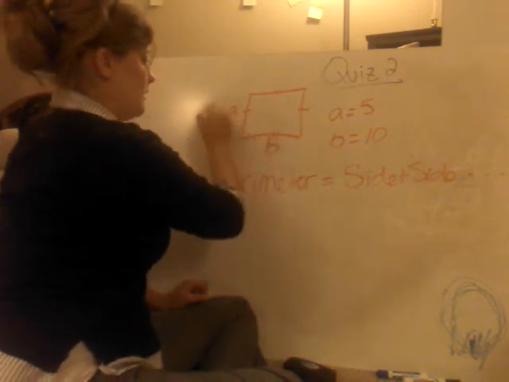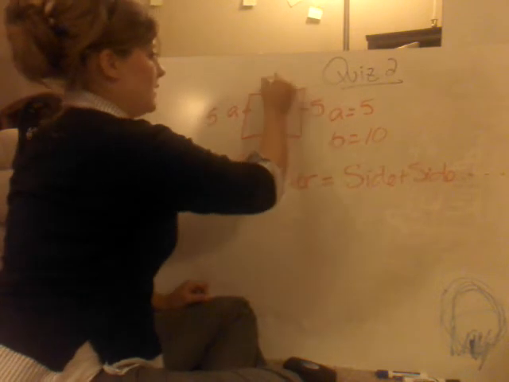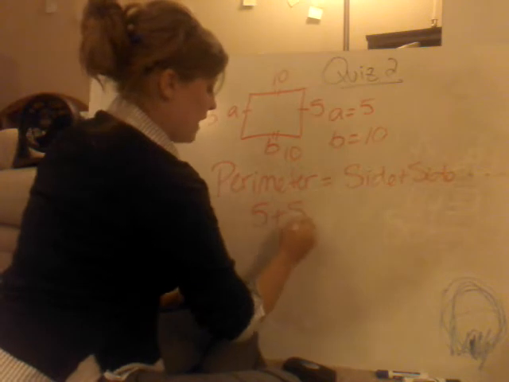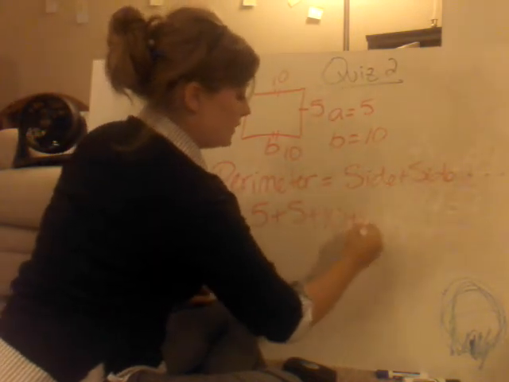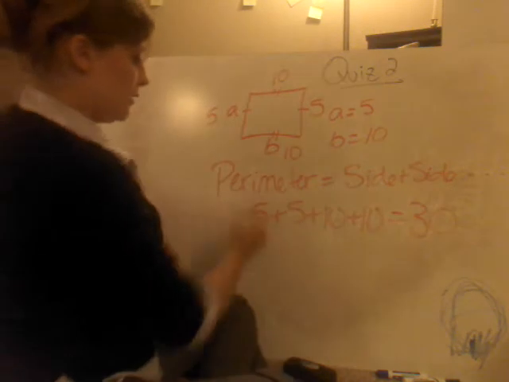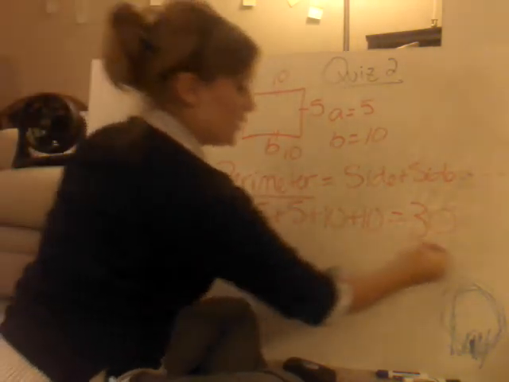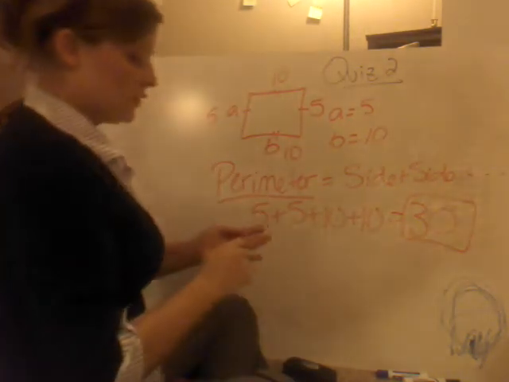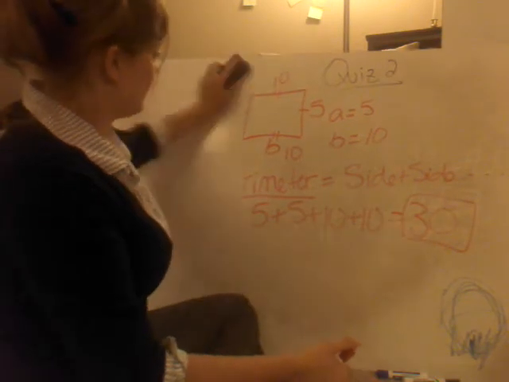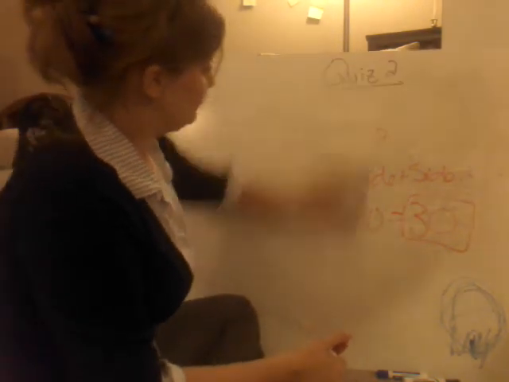So this is 5, this is 5, this is 10, and this is 10. So I have 5 plus 5 plus 10 plus 10 equals 30. The perimeter is 30. So the area and the perimeter are not going to be the same number. Alright, so that's 17.